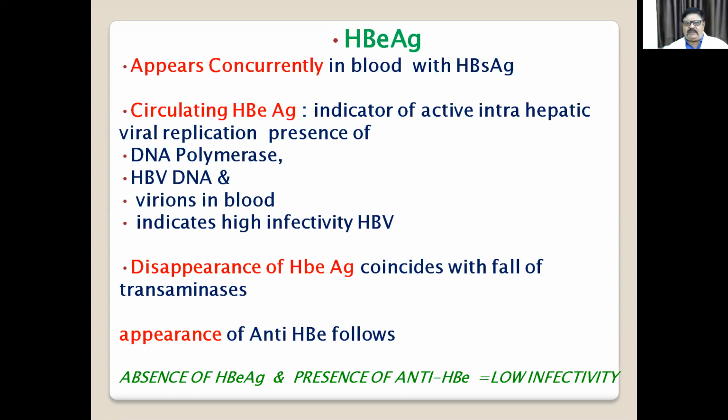So please remember, circulating HBe antigen is of value because it shows the presence of DNA polymerase, HBV DNA, blood virions, and that viral replication is actively going on.